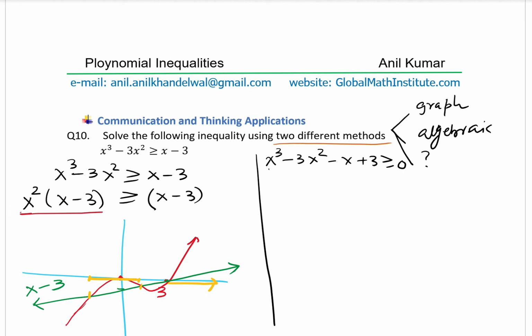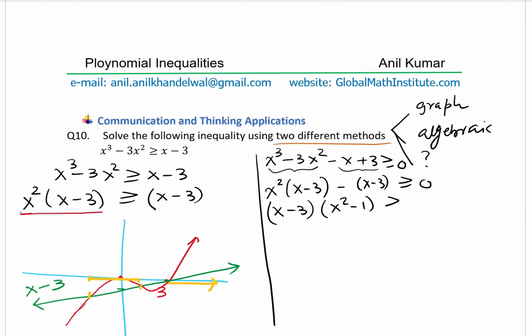So we'll do group factoring, and we have x squared times (x minus 3) minus (x minus 3) greater than or equal to 0. So x minus 3 is a common factor, so we get (x squared minus 1) greater than or equal to 0. And that gives you three factors, which is (x minus 3)(x plus 1)(x minus 1) greater than or equal to 0.